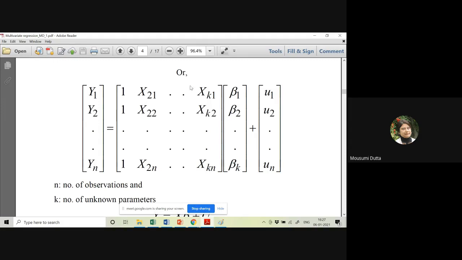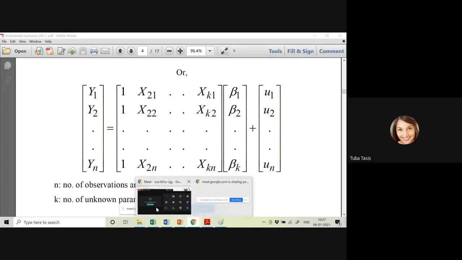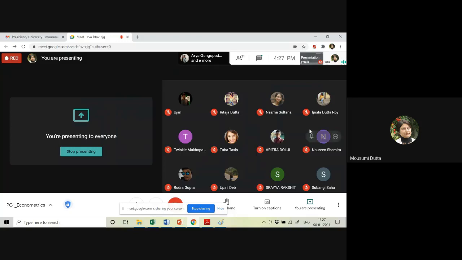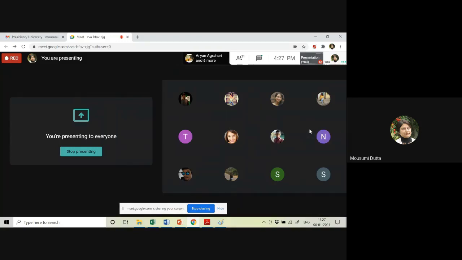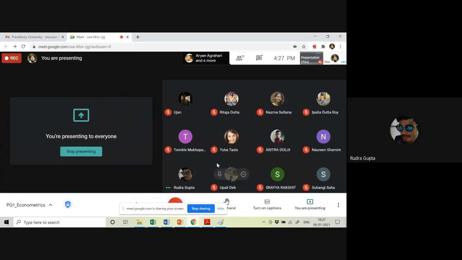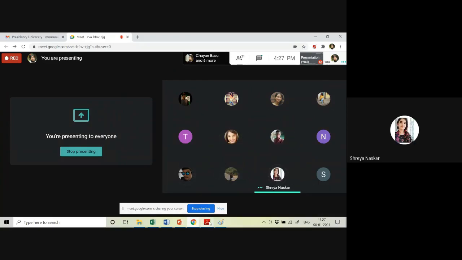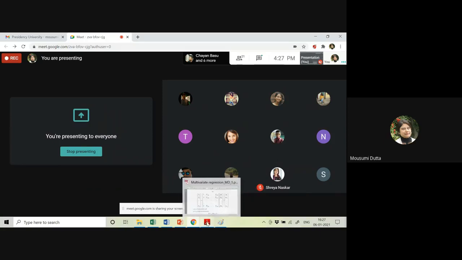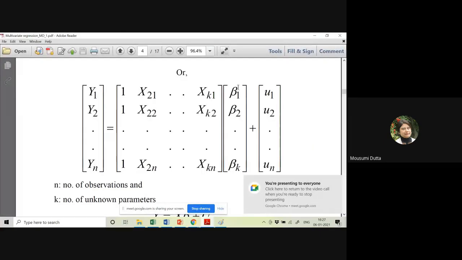Isn't it a matrix of order n by k? Yes, ma'am. Everybody is understanding that it is a matrix of order n by k? Yes, ma'am. Okay. And this is a beta vector, and the order of this vector is k by 1. Everybody is getting that?